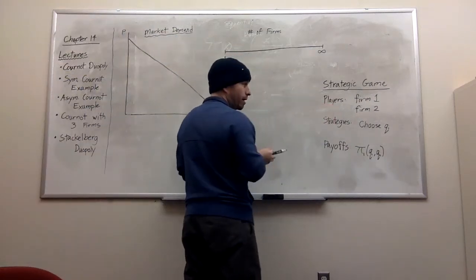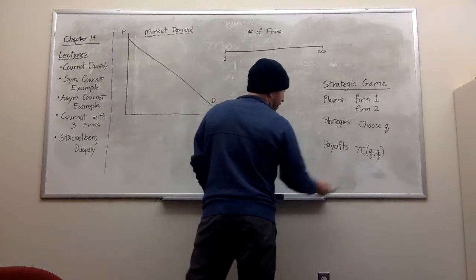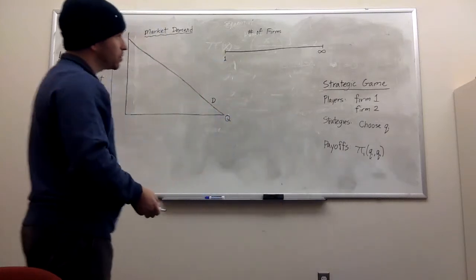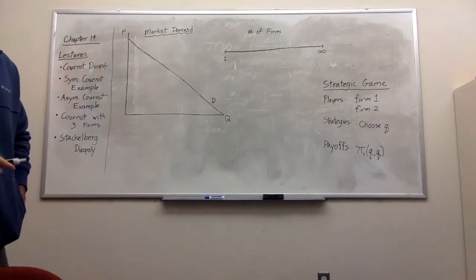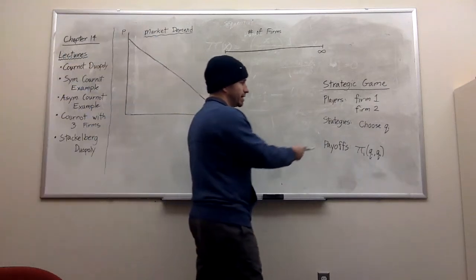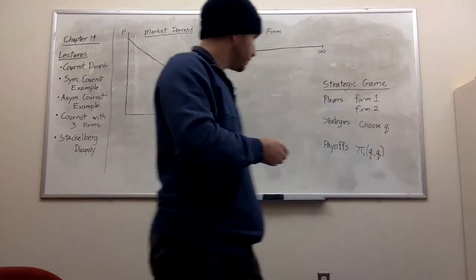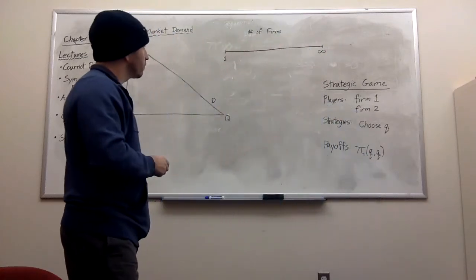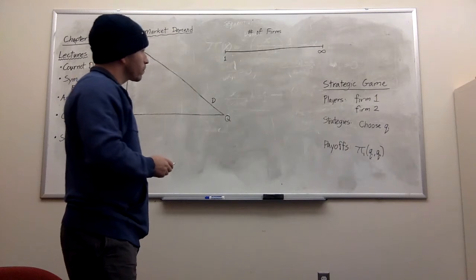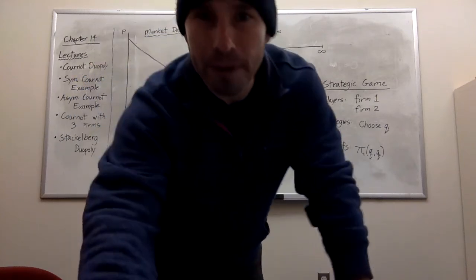They each make a choice of how much output to supply, and their payoffs are going to be dependent upon each other's choices and the market structure, or the actual demand curve that sets the price, and their own cost functions. Right, so we'll pause there for a moment so I can reset the board.